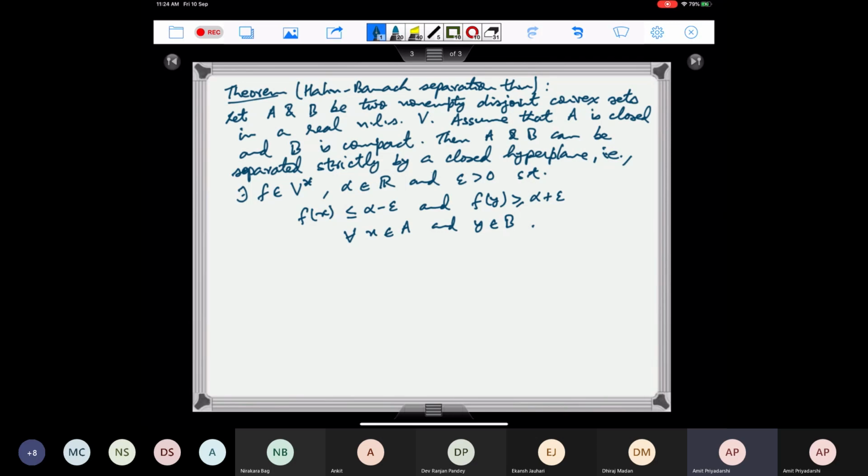Here we can make fx less than or equal to some number smaller than alpha and fy bigger than or equal to some number bigger than alpha. So in particular, fx is strictly less than alpha and fy is strictly bigger than alpha. So let us prove this.